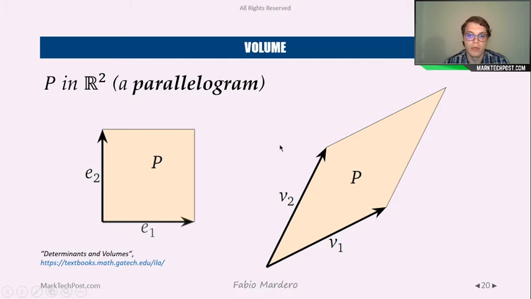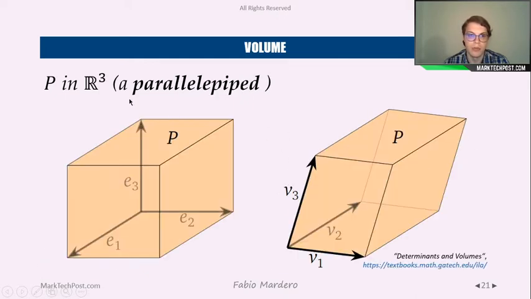With a generic two vectors, here is our parallelogram. In 3D space, we have a parallelepiped. Again, taking the standard basis, the canonical basis, we can see that P is a cube.